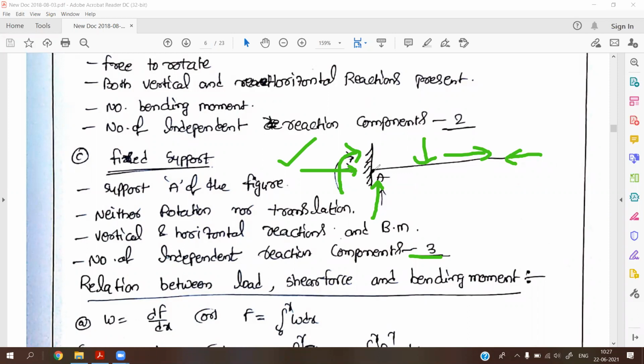The joint A before and after loading is in the same position. So the point A also offers bending resistance. Therefore, we have only three reactions at the fixed support. These are the main supports available in all types of structures and beams. So this is the introduction to the reactions.